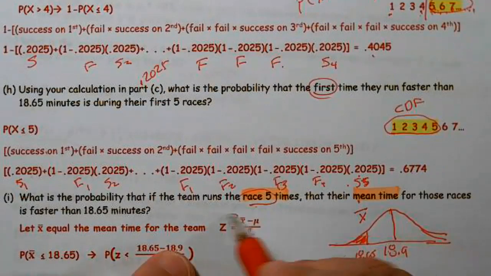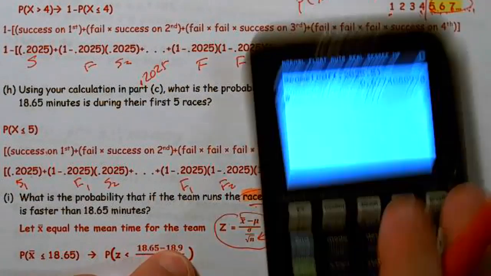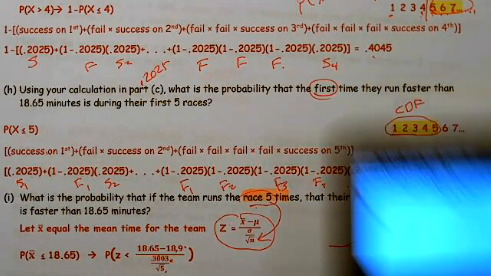So I'm using this formula where my sample is size 5. Plugging in, this is the X bar, this is the actual mean, this was the standard deviation for the team speed, team standard deviation, and this is the sample size.